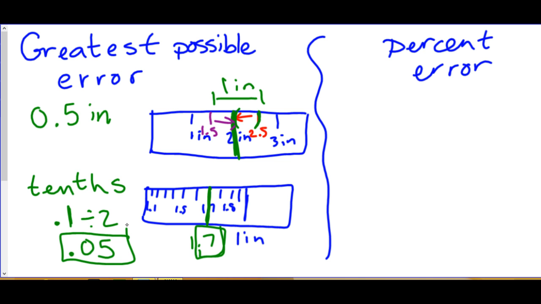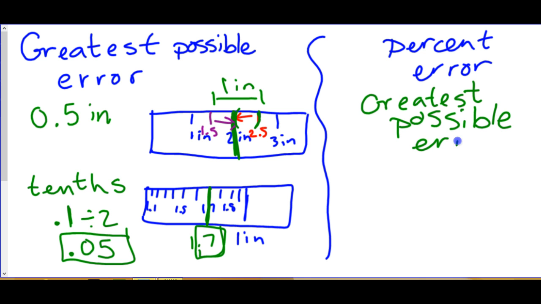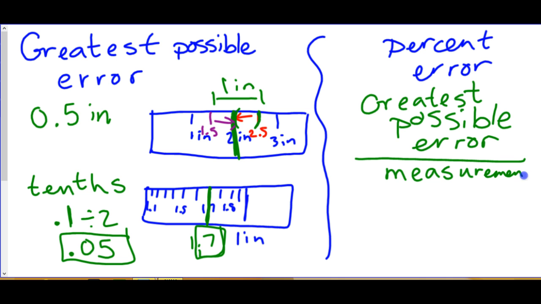Now if they ask us for percent error, that's asking us something different. To find percent error, we're actually going to have to use the greatest possible error. Percent error is the greatest possible error divided by the measurement itself.